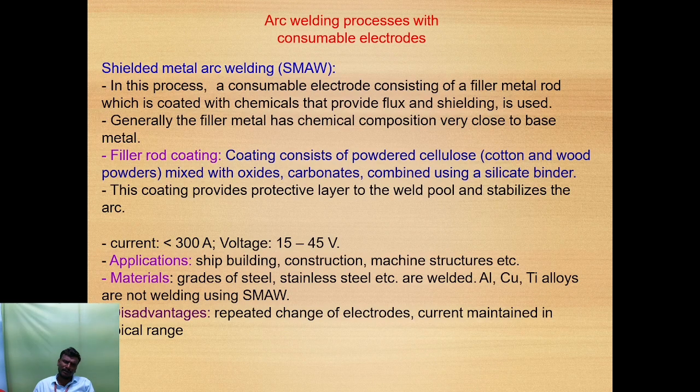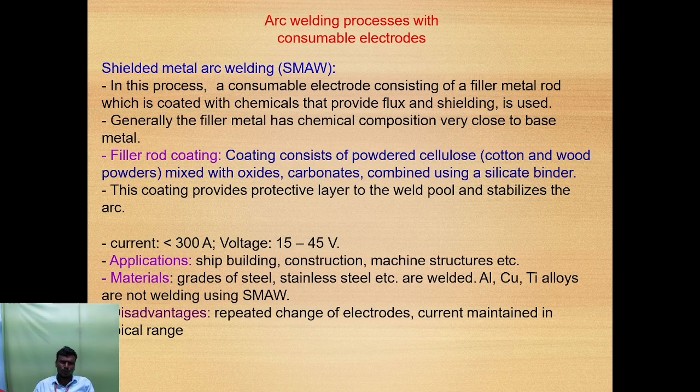In shielded metal arc welding, consumable electrodes consisting of a filler metal rod coated with chemicals that provide flux and shielding are used. Generally, the filler metal has a chemical composition very close to the base metal.